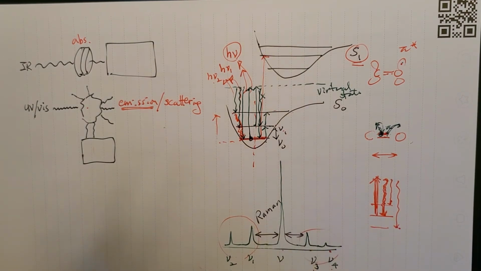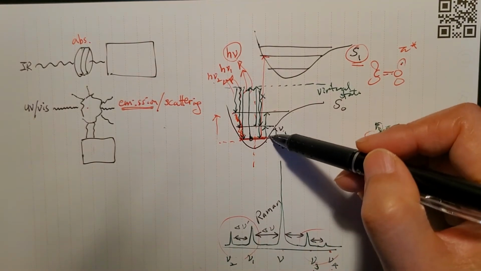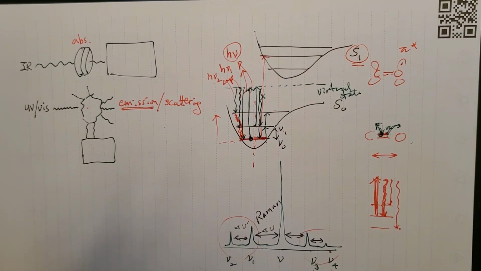Here as well, Raman shift. But you recognize this number if you calculate the delta V. You can calculate the energy, but that value corresponds to the energy between these vibration states.